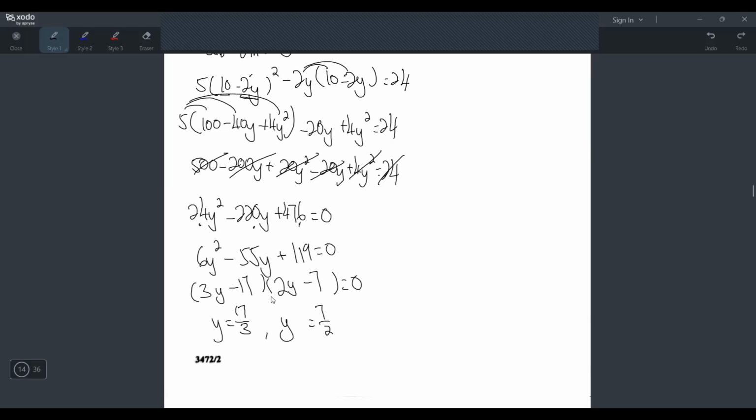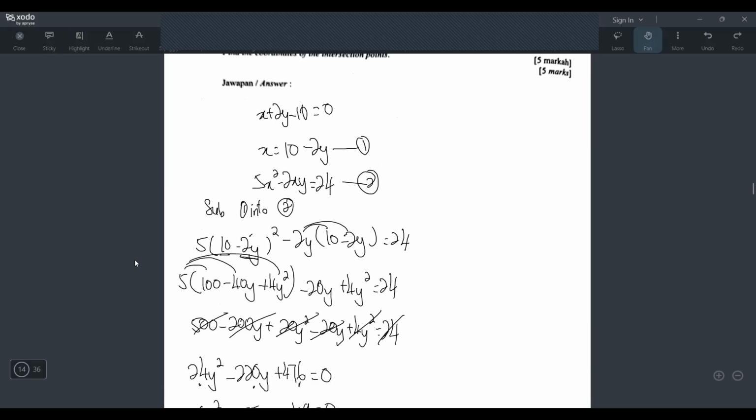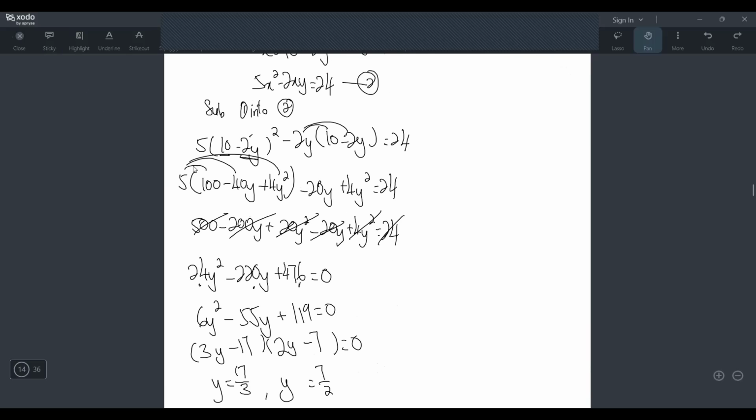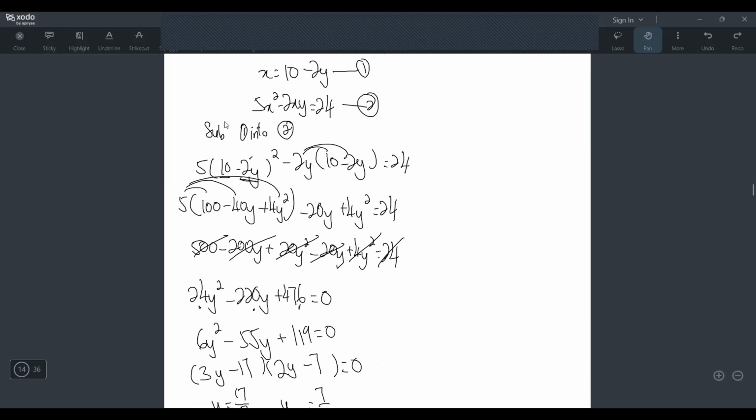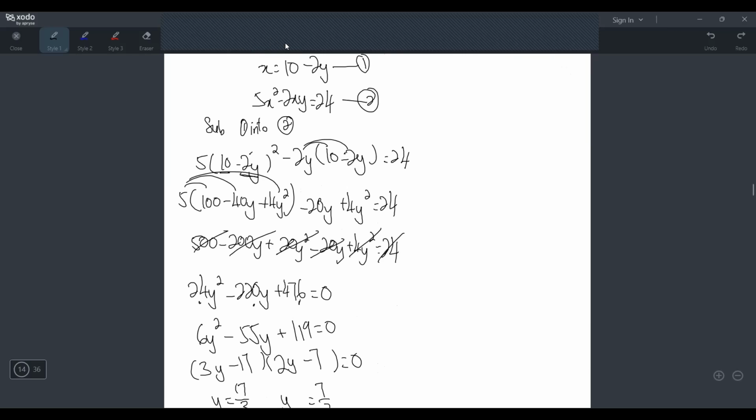But it's not the final answer yet. You still have to find the x coordinate because they want the coordinate. A coordinate must have x and y, right? So how to find the x now? When y equals 17/3, substitute into equation 1. x equals 10 minus 2y, where y is 17/3, and then press the calculator. Then repeat the same process.